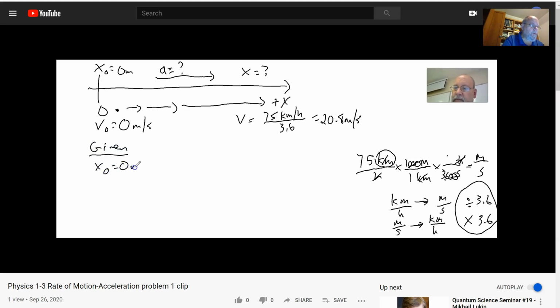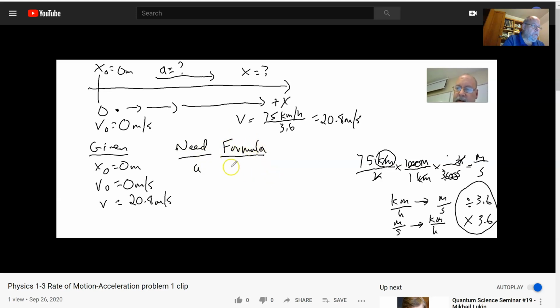So given x0 equals 0 meters, I don't know what x is, v0 equals 0 meters per second, v equals 20.8 meters per second, and then I need a, and my formula is just going to be my standard acceleration formula.